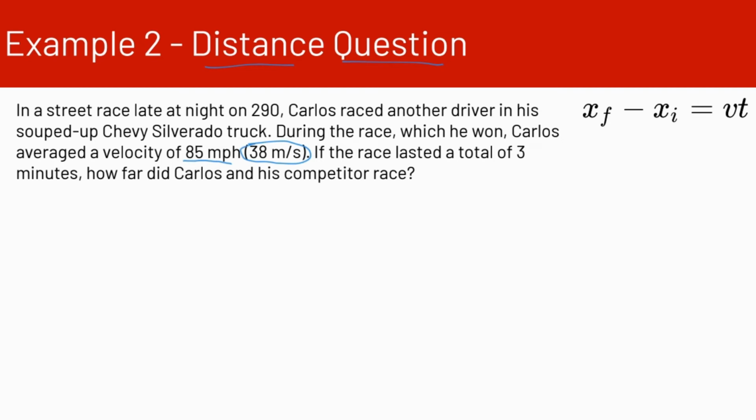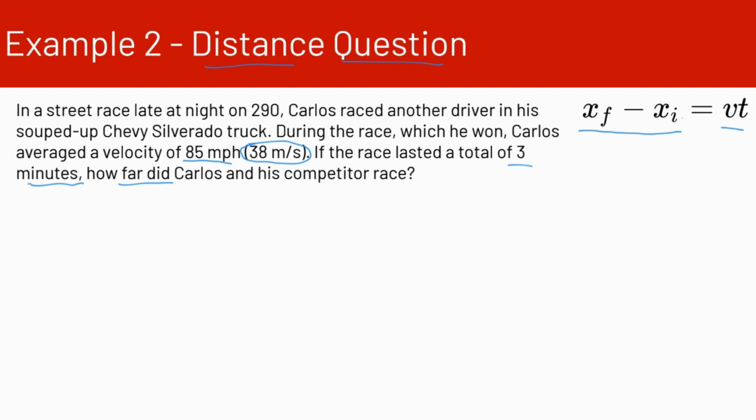If the race lasted a total of 3 minutes, how far did Carlos and his competitor race? For this question, we're going to use displacement is equal to velocity times time. We are looking for how far they raced, so we want velocity times time.